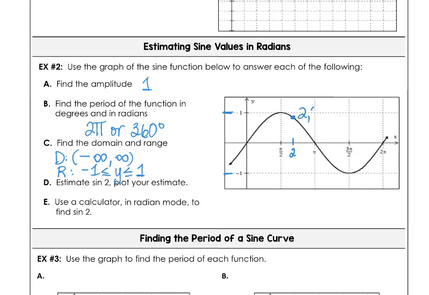So my estimate is about 0.9. And if I use the calculator, the sine of 2 is actually about 0.909 or 0.91. So we're actually pretty close to an estimate using the graph.